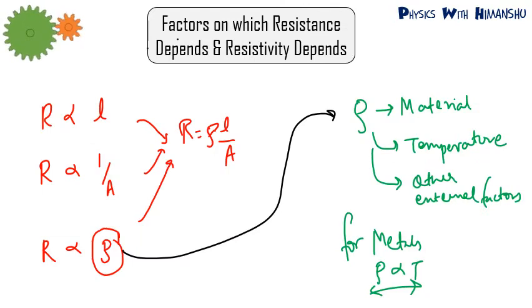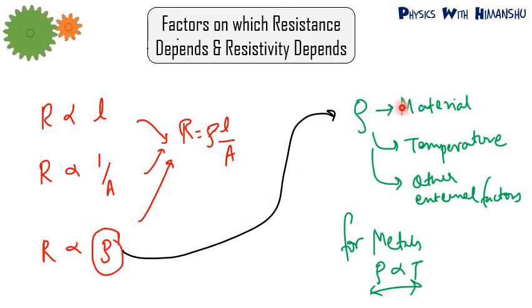You can see in this slide how this formula has been formed. Resistance is directly proportional to length, inversely proportional to area, and directly proportional to resistivity. Combining all this, we have R equal to rho L by A. Now the value of resistance depends on resistivity, length, and area. But resistivity is independent of length and area.